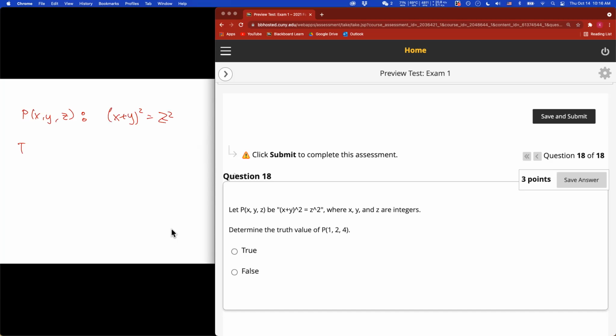Now, if you look at P(1, 2, 4), you check 1 plus 2 squared equals 4 squared. So you have 3 squared equals 4 squared. Well, it's false. So the truth value is false. Any questions here?